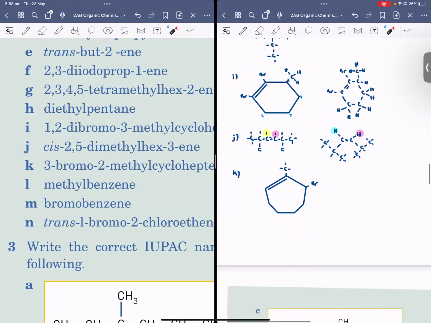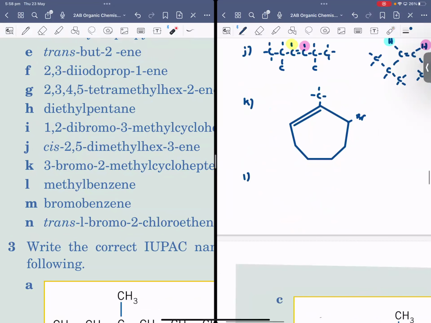L, methylbenzene. Anyone know what that's also called? Methylbenzene's common name is toluene. You can write that down if you want. Methylbenzene's common name is toluene. And you can put a circle in there.